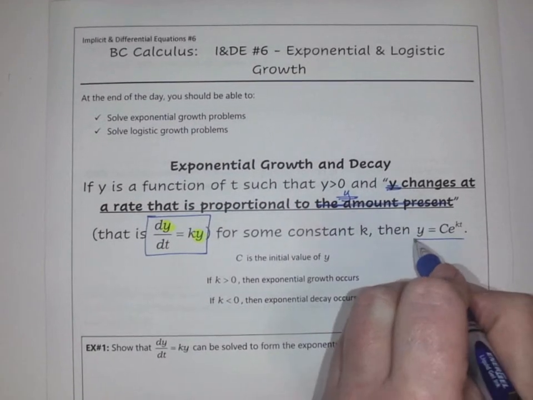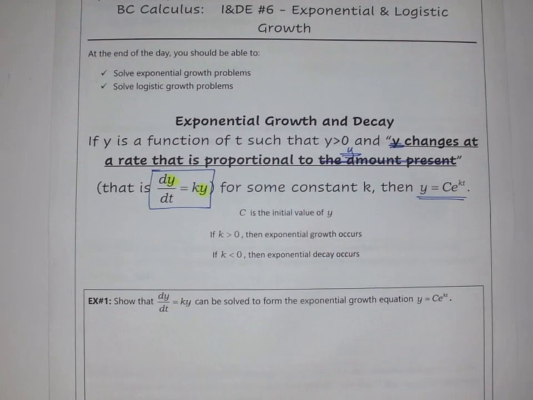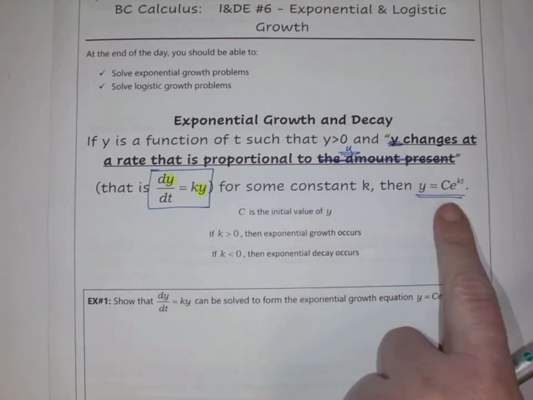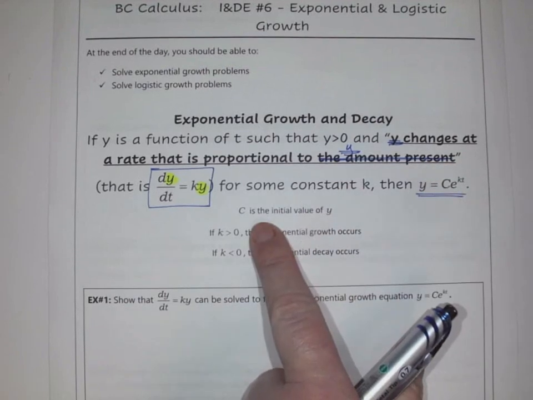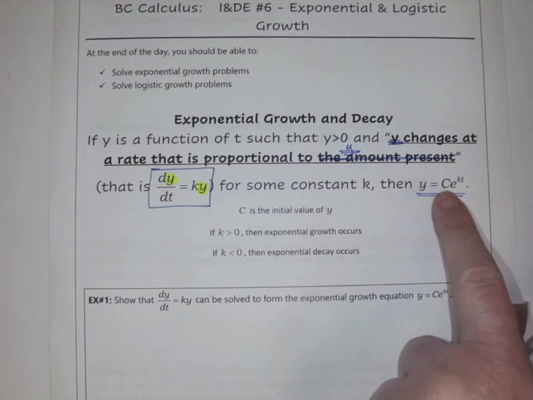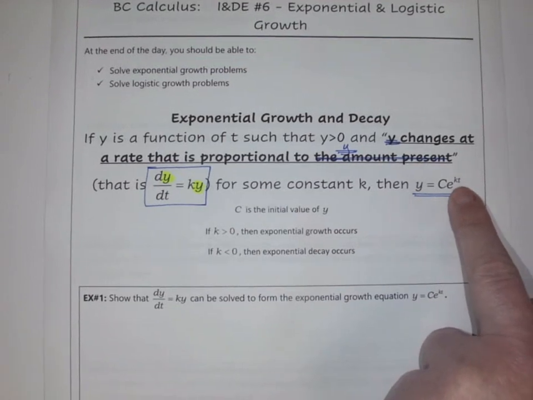We solve that differential equation and we get y equals ce to the kt. Now, we get to bypass all of the calculus when doing these problems. We're going to do the calculus so that I can show you where it comes from, but then we get to bypass the calculus altogether. In terms of what these things are, c is the initial value of y, and k is what we call our constant of proportionality.